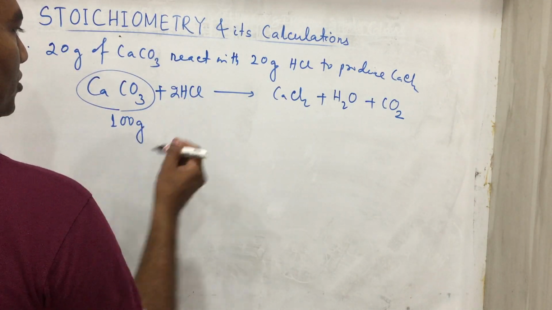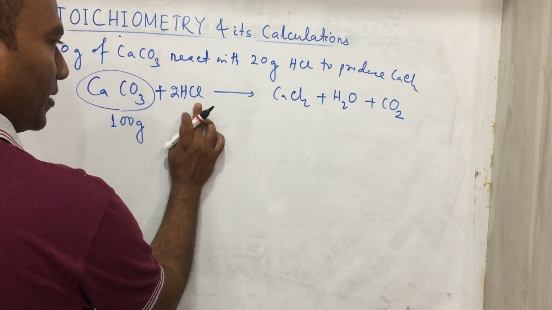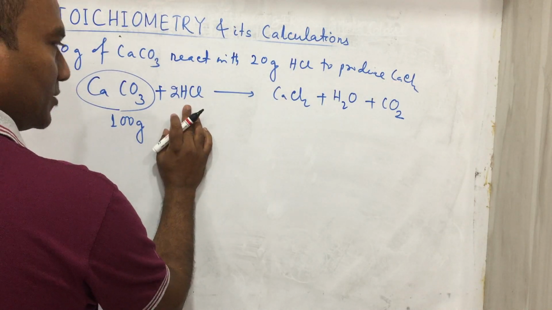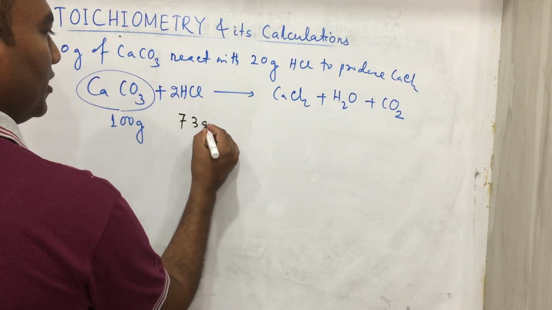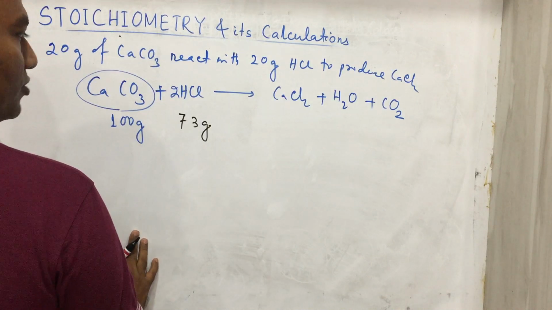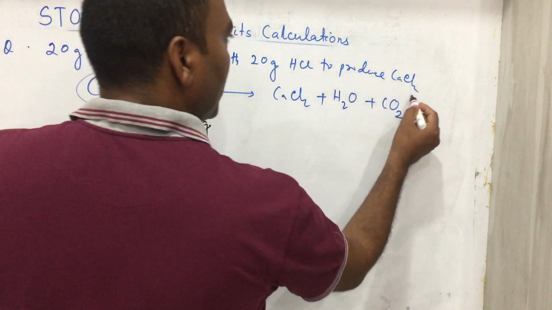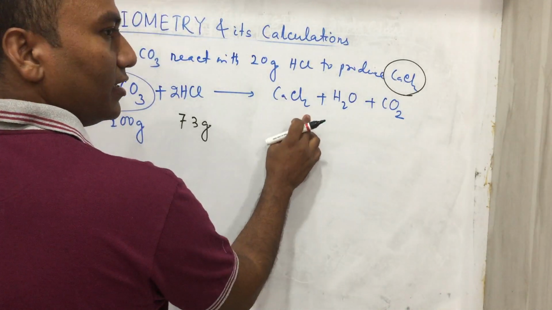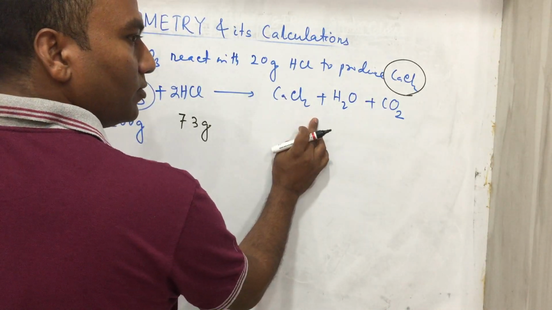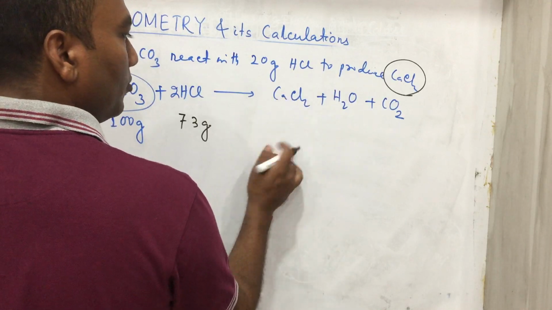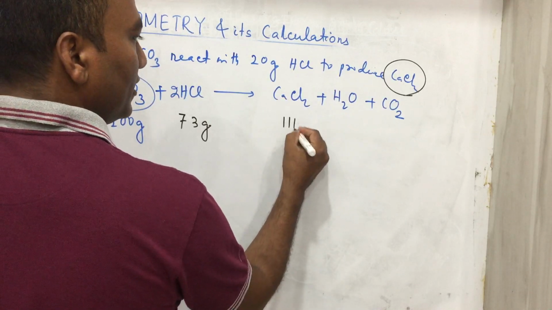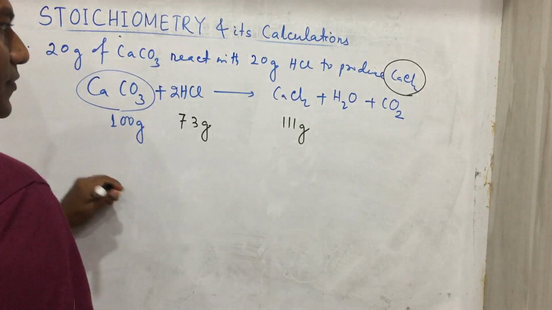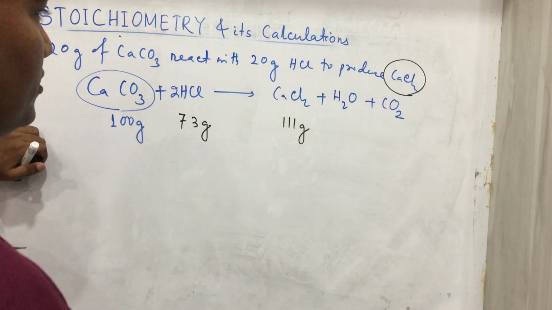HCl mass how much? Chlorine 35.5, hydrogen 1, 36.5 into 2, 73 gram. Then the question is asking calcium chloride. Calcium mass 40, chlorine 35.5 into 2 is 71, plus 40. How much? 111 gram.